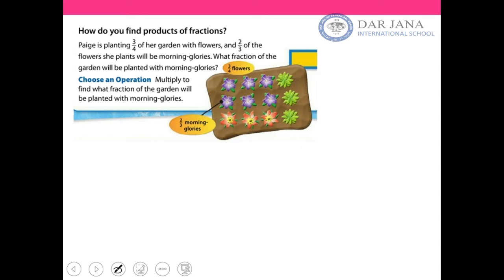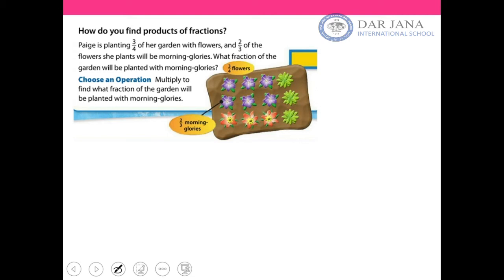Paige is planting 3/4 of her garden with flowers, and 2/3 of the flowers she plants will be morning glories. What fractions of the garden will be planted with morning glories? Remember, guys, that 3/4 of her garden is flowers.